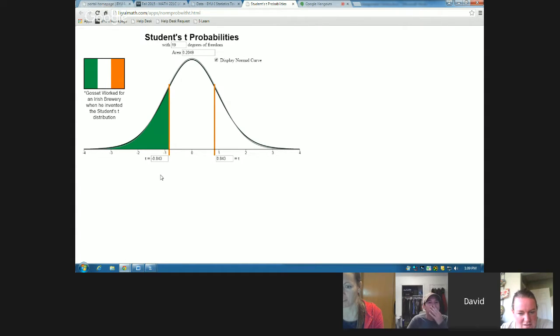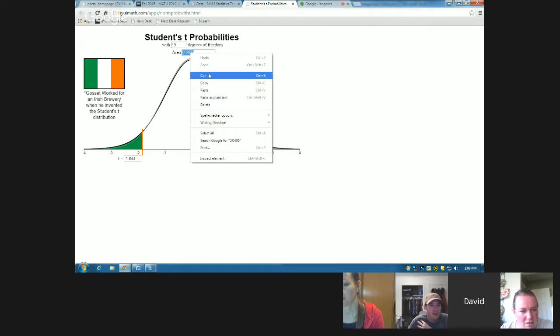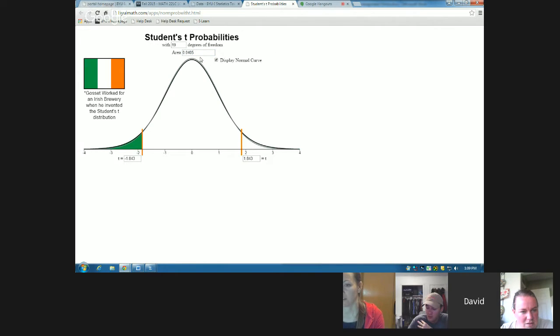And you put in what again? If the t-score is negative 1.853, the degrees of freedom is 19, and you just shade the left tail, that will give you 0.0397 for the area. You mean 853 or 843? I have 8.43. I have 4.3. Oh, maybe I just mistyped. Okay.